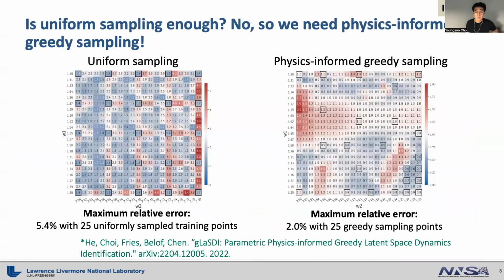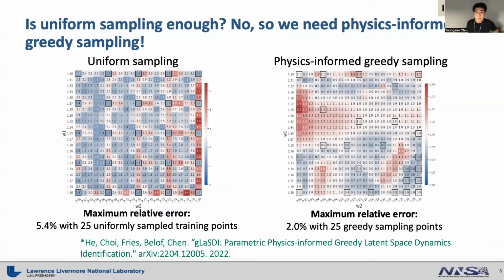We have actually developed such a non-uniform sampling procedure that is guided by the underlying physics. When we applied it to the same radial advection problem, we got better accuracy, even though we used the same number of training points, that is 25 training points in total. The heat map on the right shows the relative error distribution on the parameter space when the physics-informed greedy sampling is used.